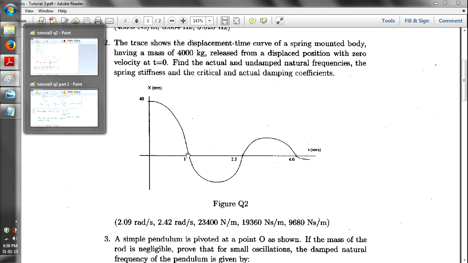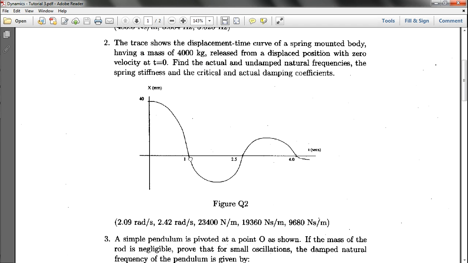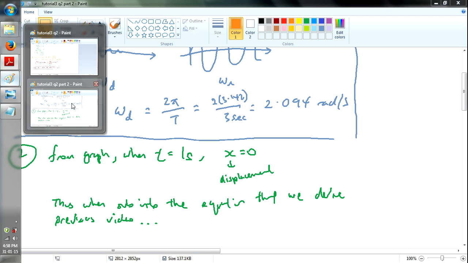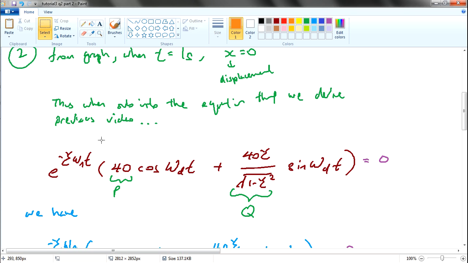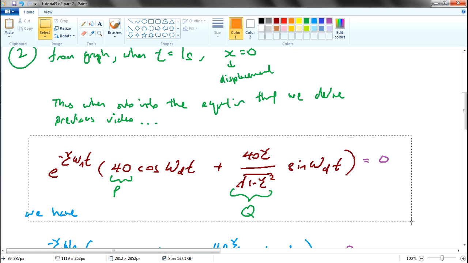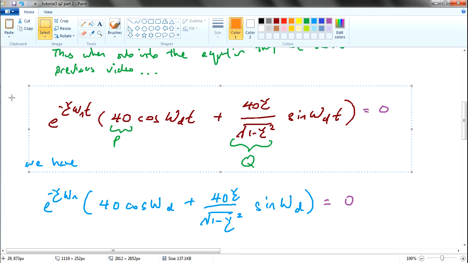From the graph, when t is equal to 1 second, our x displacement is 0. From this, we can deduce, and substitute this condition into our parameter over here.